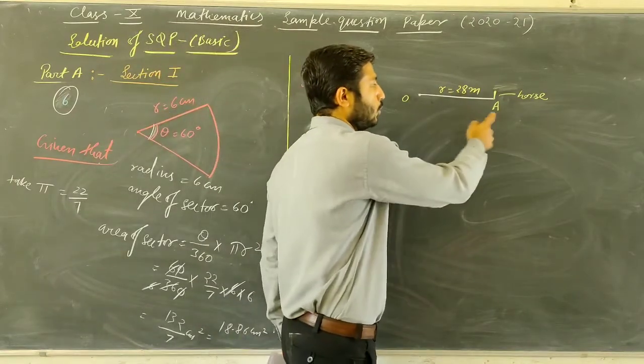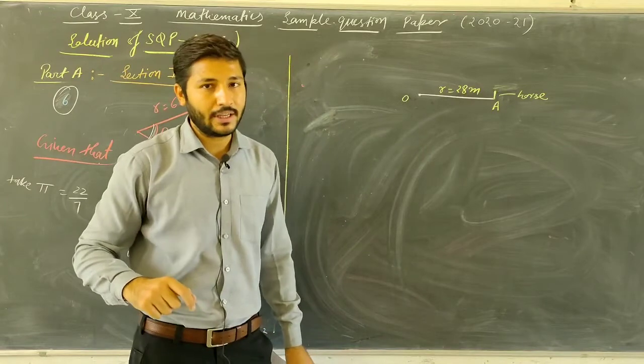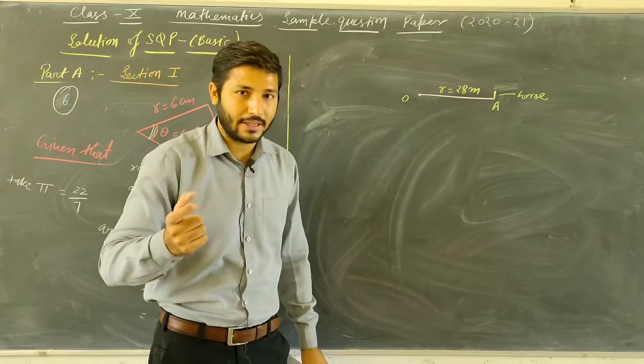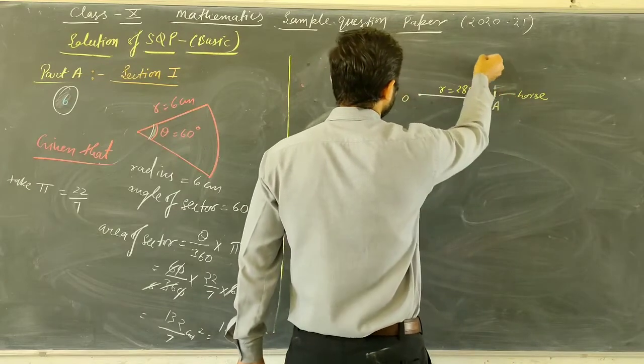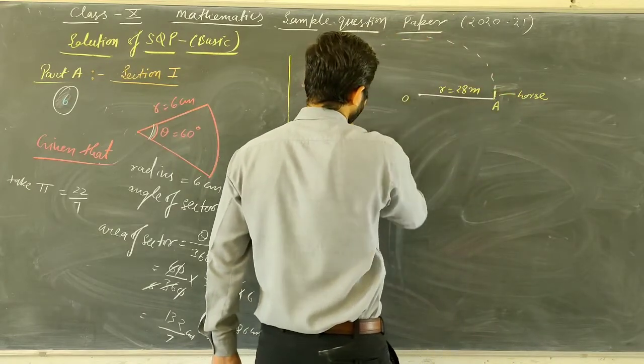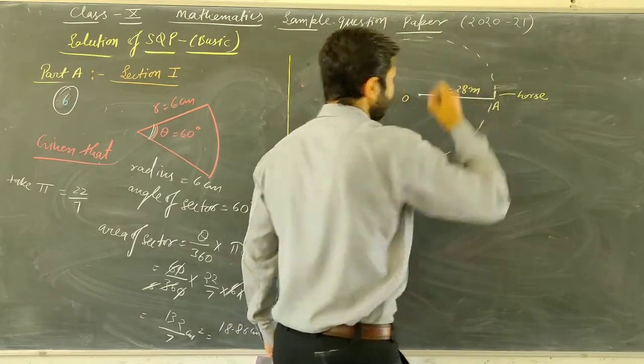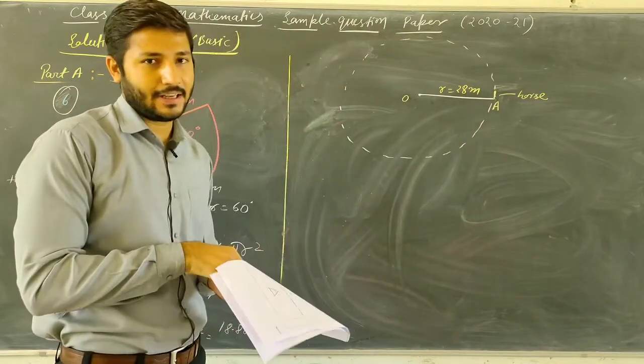The length from O to A is equal to 28 meter. Take this as your radius, and from this point the horse can graze up to this portion.